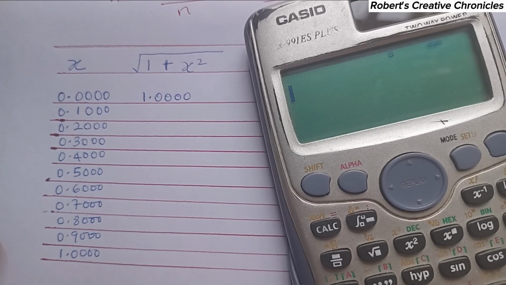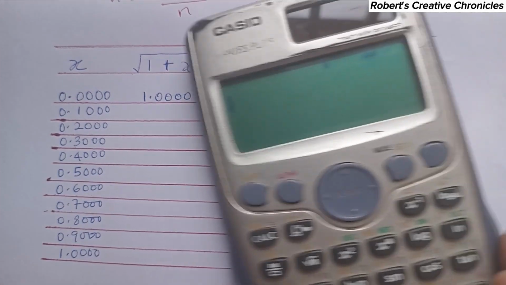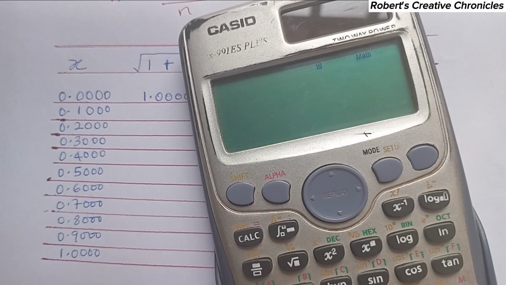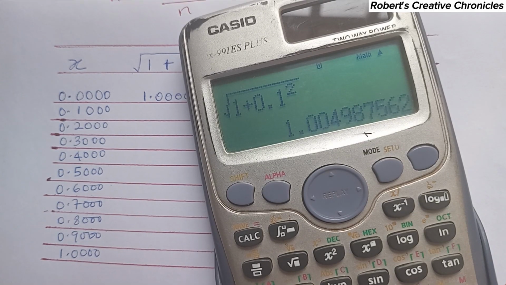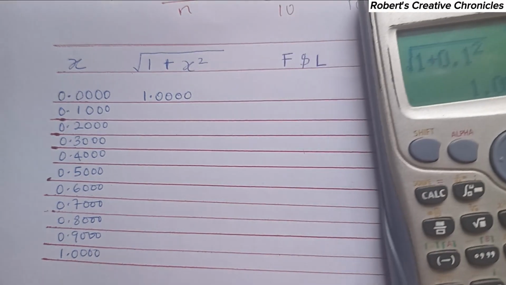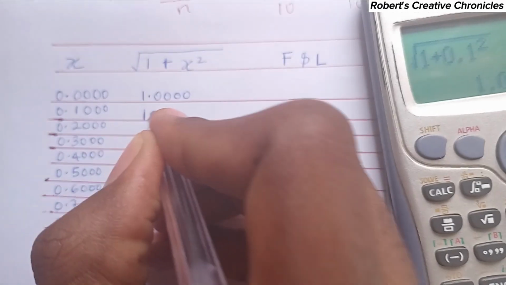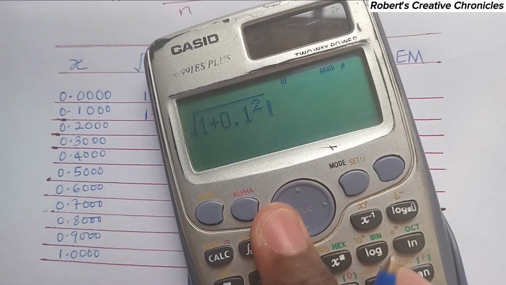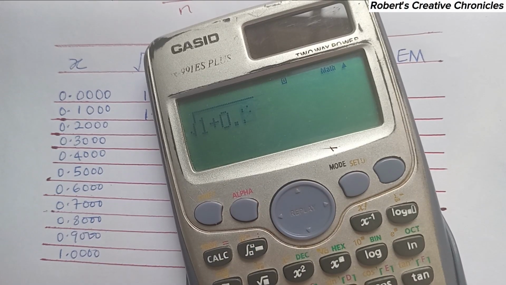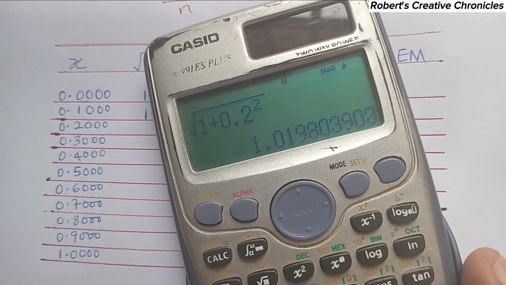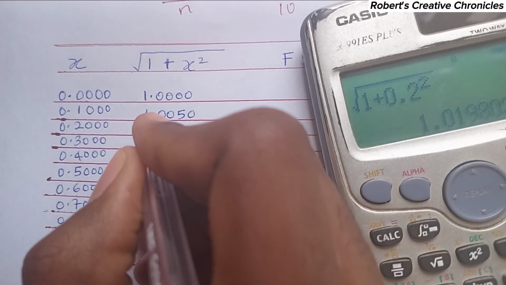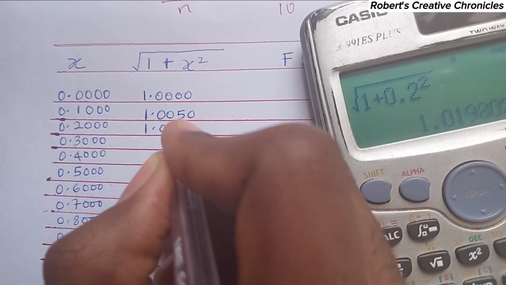1.0000. So if you substitute 0.1 here, you get root of 1 plus 0.1 squared, so you get 1.0050. That is to 4 decimal places. Then the next one, 0.2, is 1.0198.